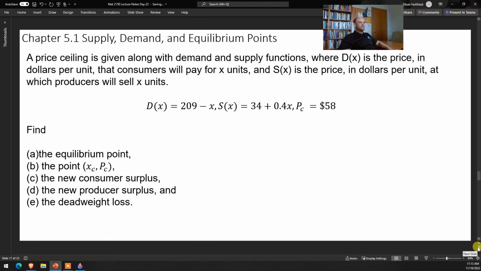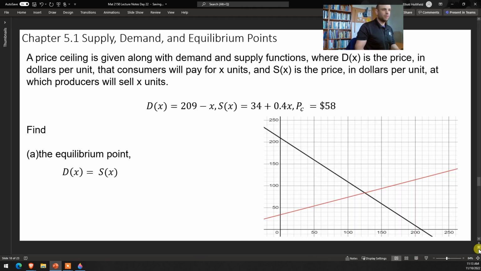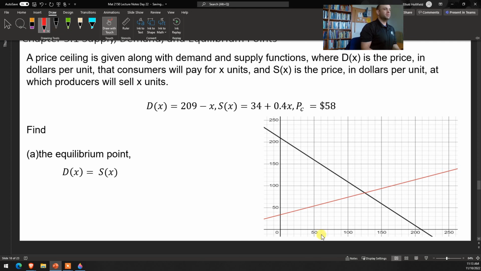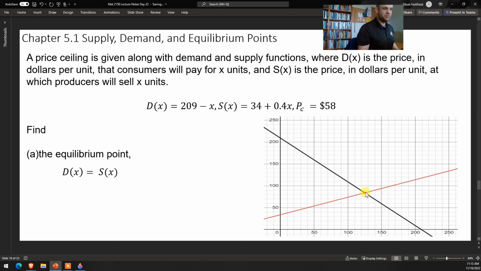Let's try another example here, given our price ceiling. First, we'll take our demand and supply functions and find our equilibrium point. That corresponds here to the intersection of these two graphs.